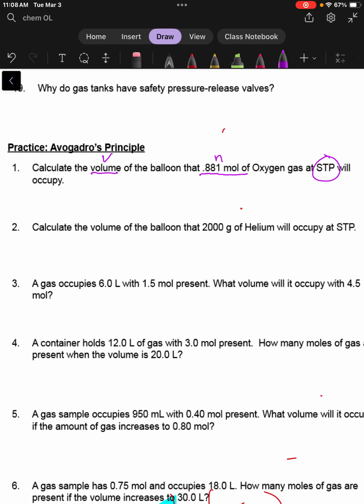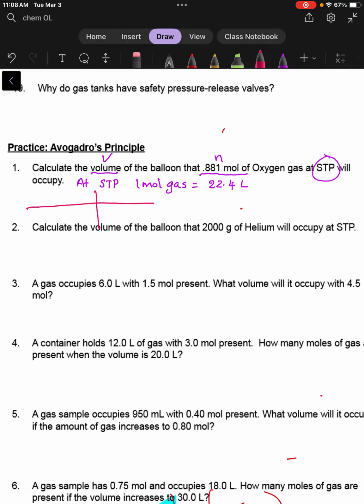Whenever you see STP and it is asking for volume, the conversion factor you can use is that 1 mole of any gas is equal to 22.4 liters. We have a conversion factor and only one number given. That means it is a dimensional analysis question.